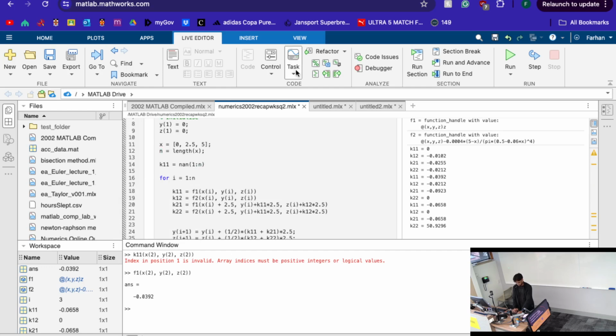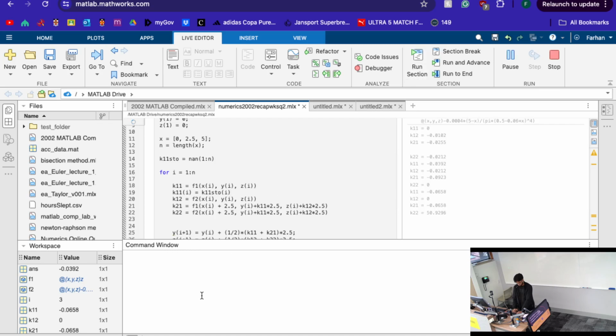And then inside your code under K11, name the nan one different, like K11 store. Then under the K11 you go K11 I of K11 equal to K11 store I, and that should store it. And then at the end of your code, type K11 store.